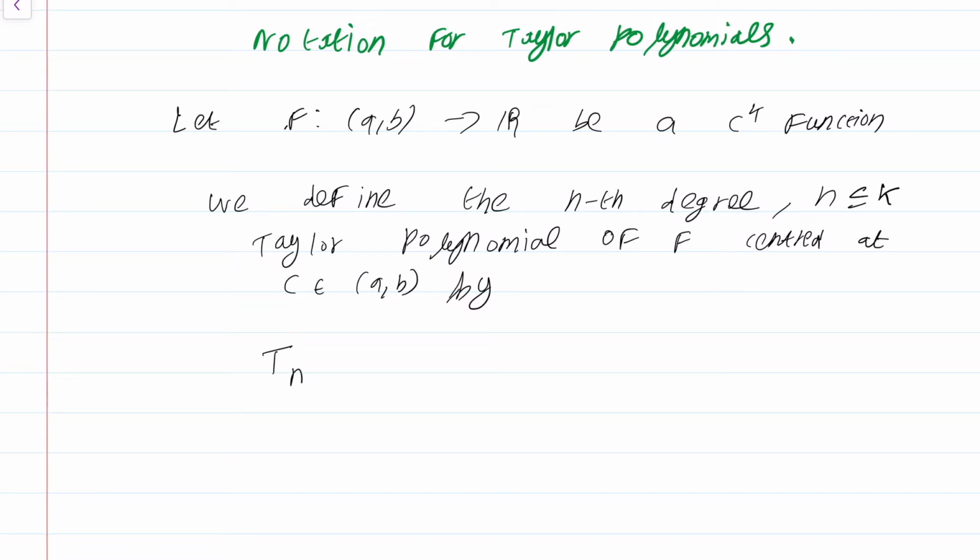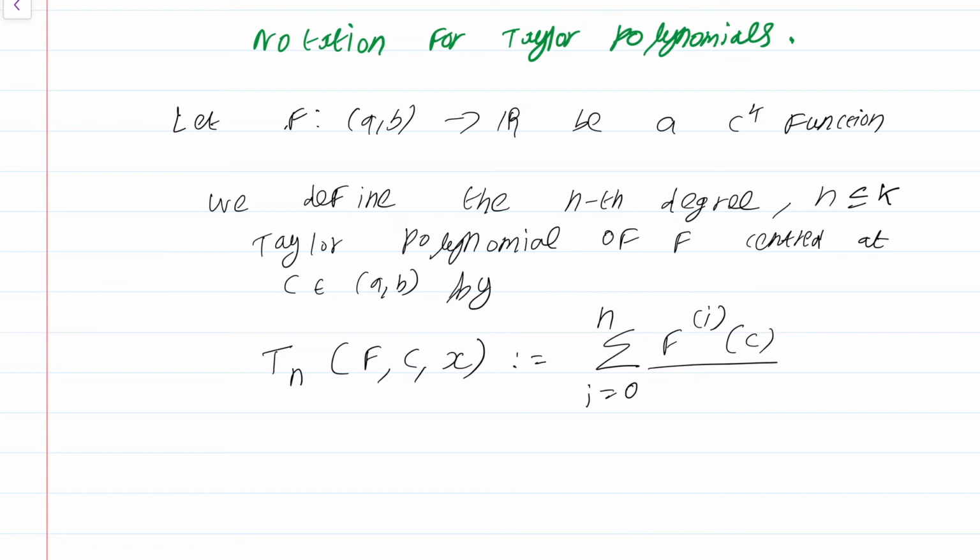T_n of (f, c, x) is, by definition, equal to the summation i equals 0 to n of the ith derivative of f at the point c divided by i factorial, into (x minus c) to the whole power i.